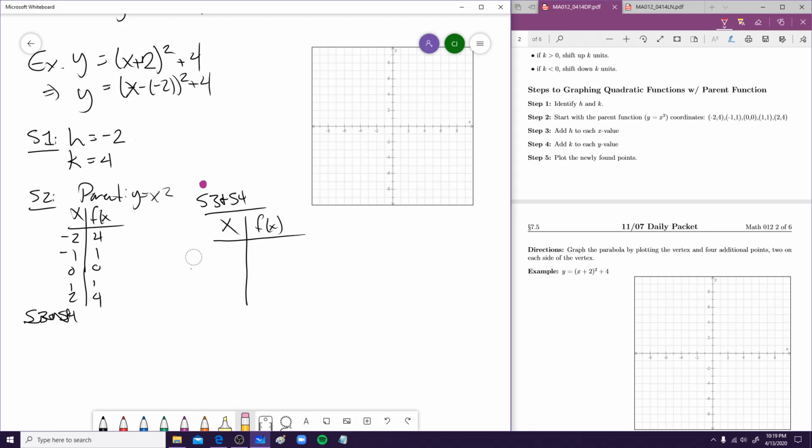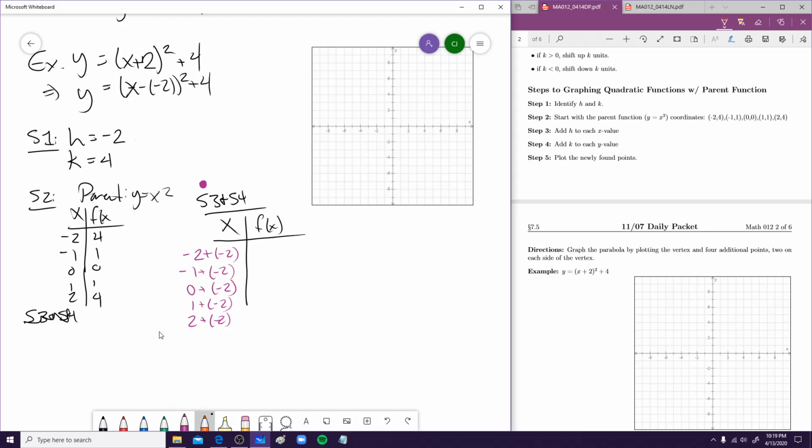Let me rewrite this, maybe make it a little more clear. So this is going to be negative 2 plus negative 2. This is negative 1 plus negative 2. 0 plus negative 2. 1 plus negative 2. And then 2 plus negative 2. So this whole column is just my h, and then the terms on the left are all my x values.